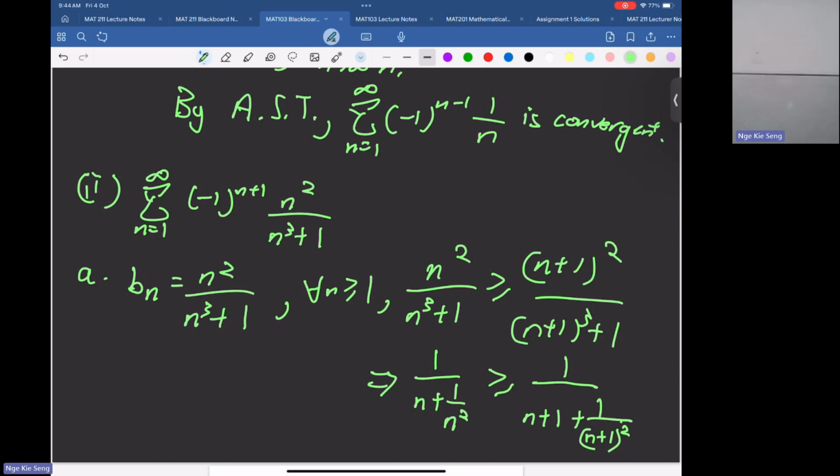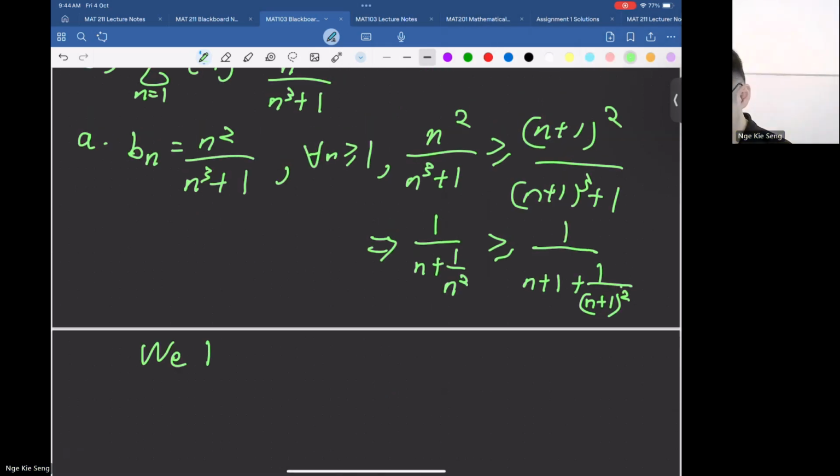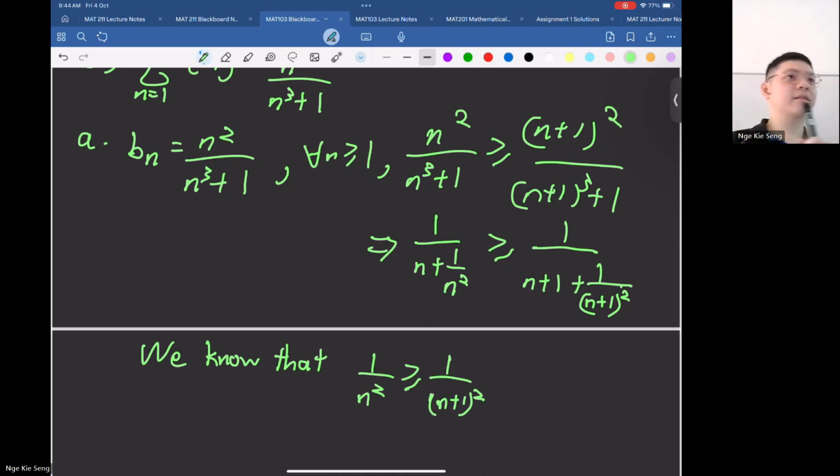Oh, wait. Let me write down what you say. So we know that 1 over n squared is always greater or equal to 1 over n plus 1 square, is it? This is what you mean? Which one?